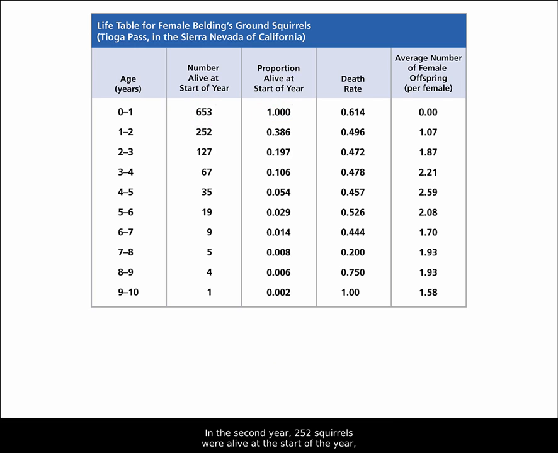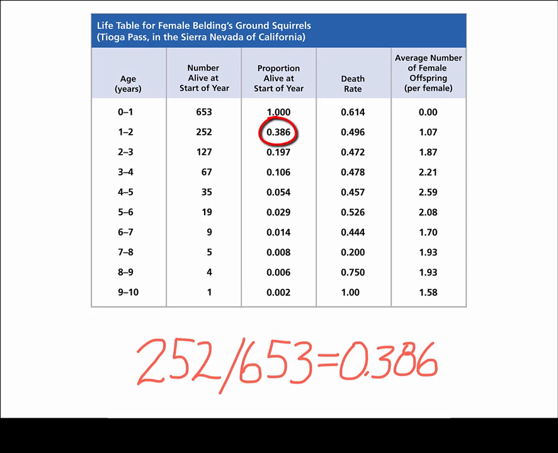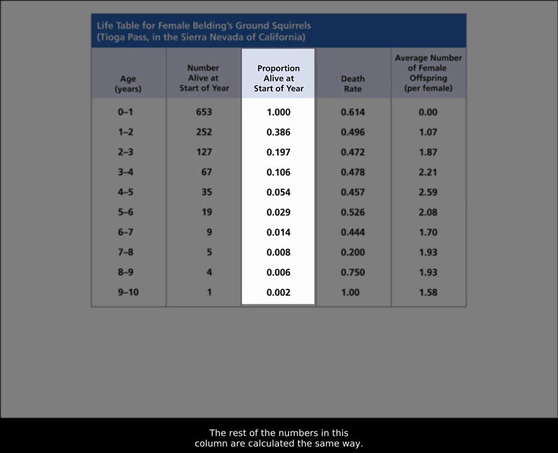In the second year, 252 squirrels were alive at the start of the year, so the proportion alive is 252 divided by the original number in the cohort, 653. 252 divided by 653 equals 0.386. The rest of the numbers in this column are calculated the same way.